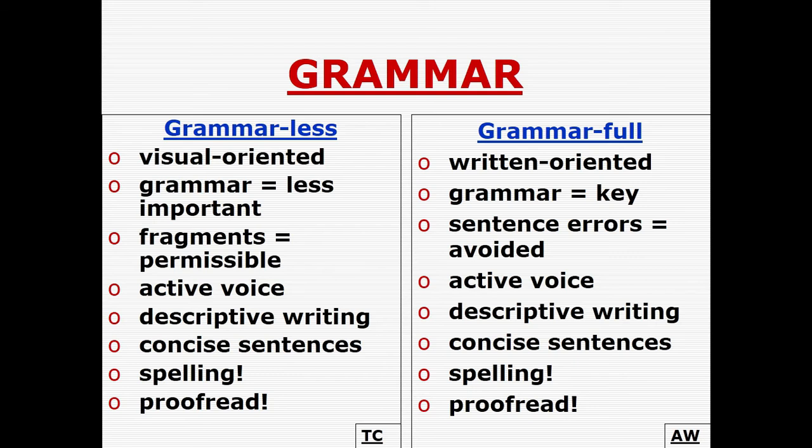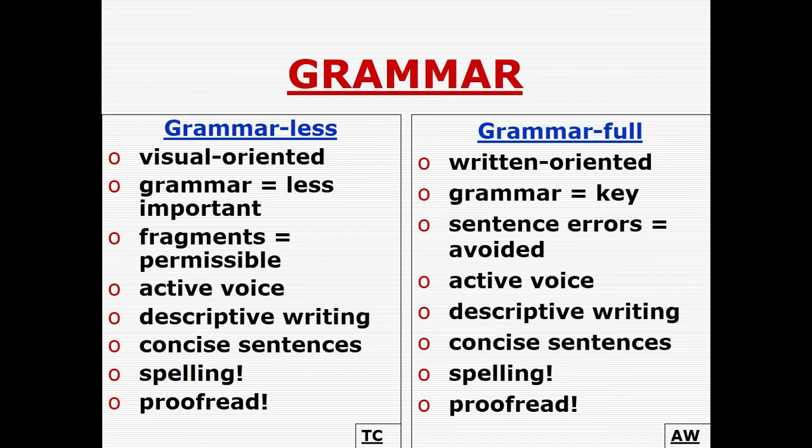The fragments of the sentence can be permissible, can be used also, and at the same time, this is more on active voice. They're also using descriptive writing. It's because they're more on description, giving informations and ideas. And this is also concise sentences, the spelling, and proofread.